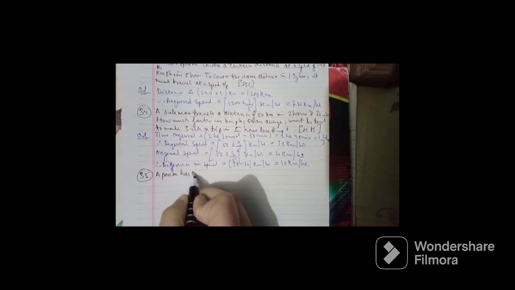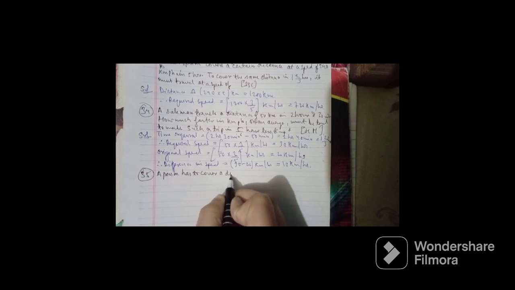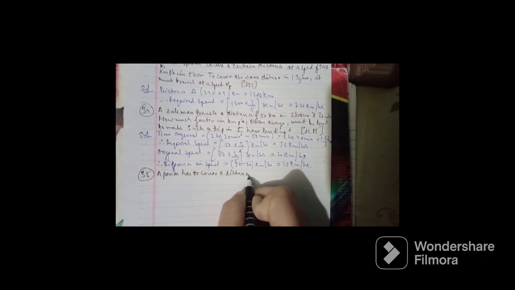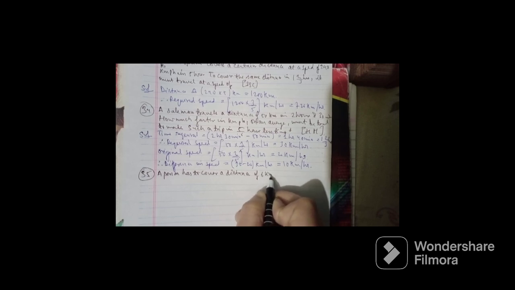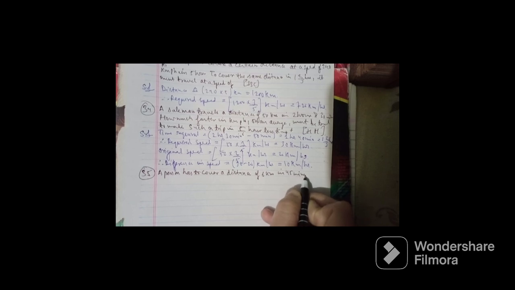A person has to cover a distance of 6 kilometers in 45 minutes.